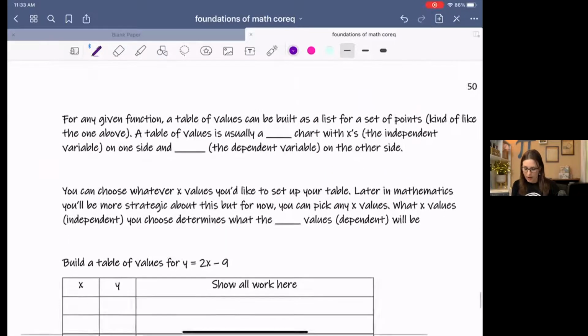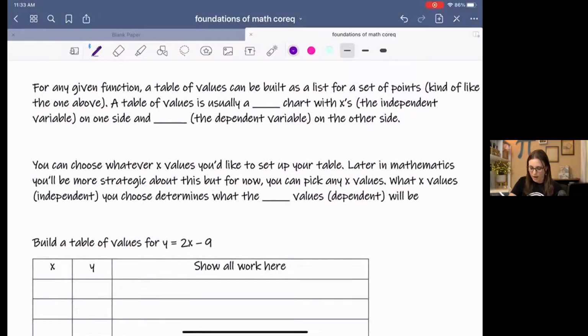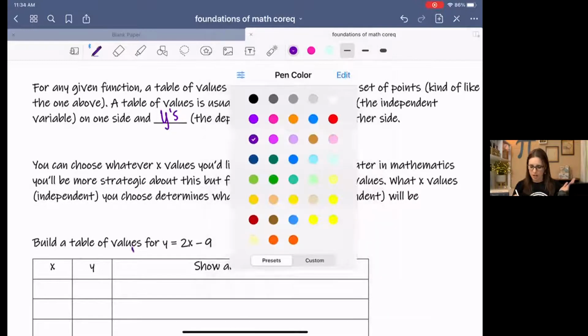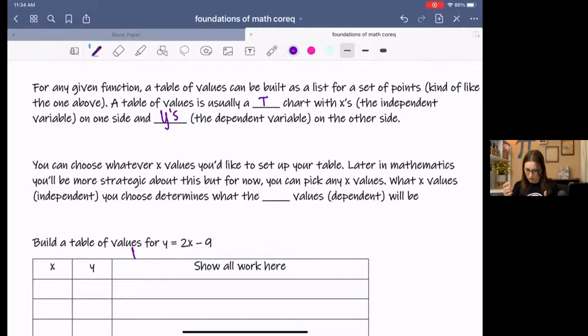A table of values is usually a T chart with x's, or the independent variable, on one side, and y values, the dependent variable, on the other side. Now, it may not always be x and y, so that's why I clarified and said independent and dependent, because it may be a and b, or y and z, or s and t. It just depends on the problem that you're looking at.